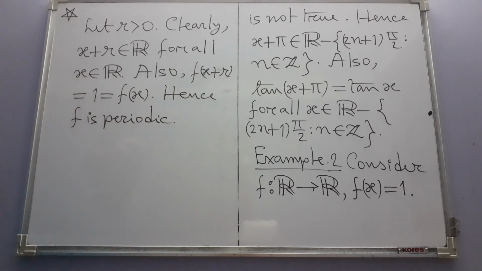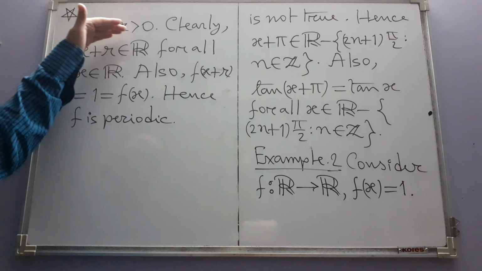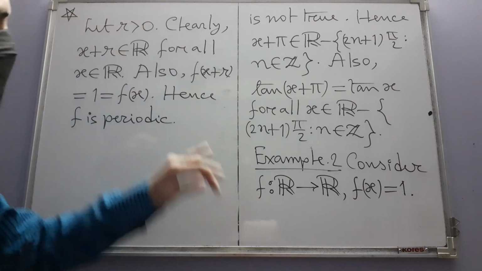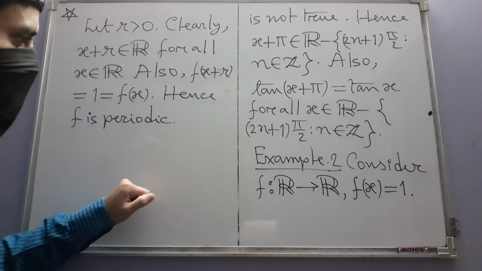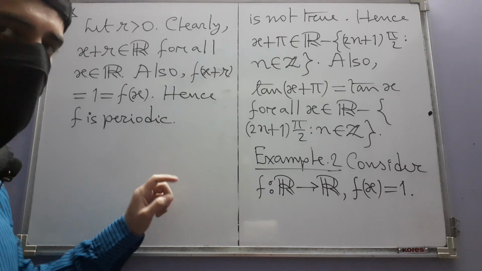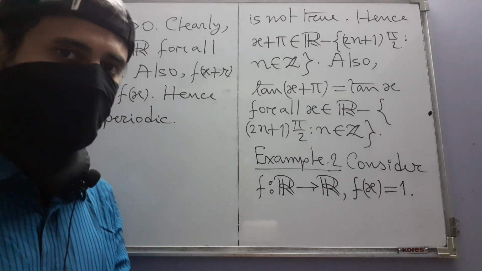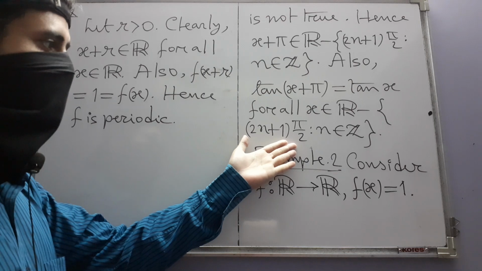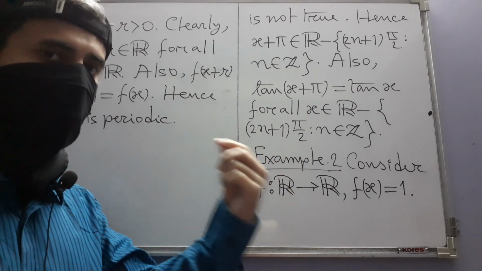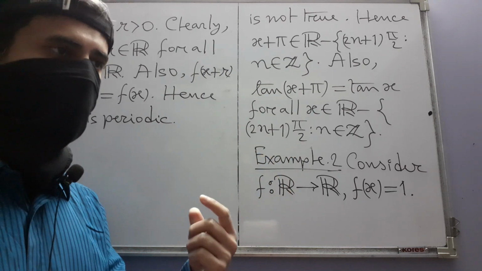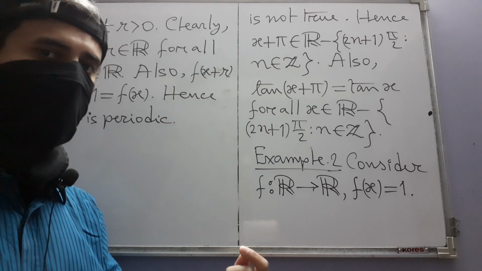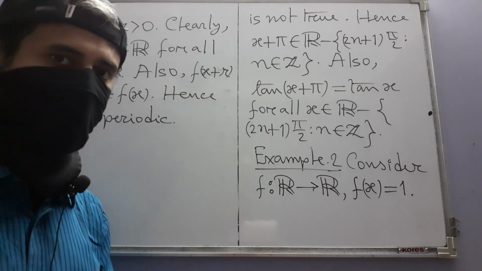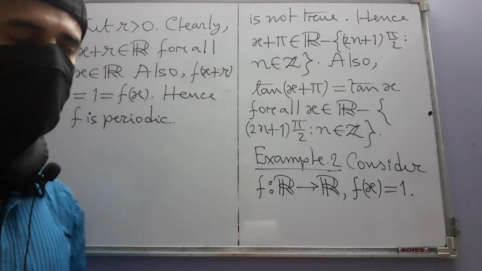But because we have proved that these conditions are true for any positive real number R, no such smallest positive R exists. If you choose a smallest positive P, then you get another smaller one, P divided by 2. If you think that is the period, no, there is another smaller one, P divided by 4. So there is no smallest positive.